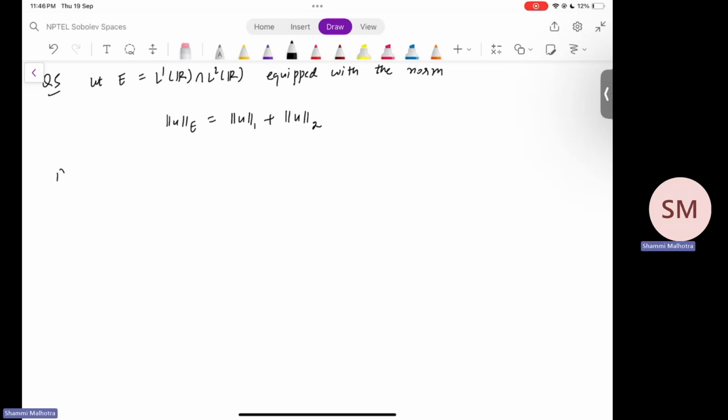So the first thing which we would like to prove is to check that E is a Banach space.